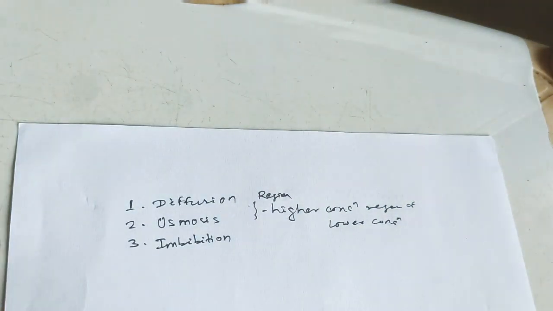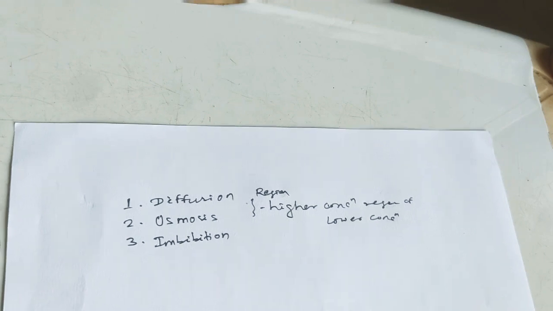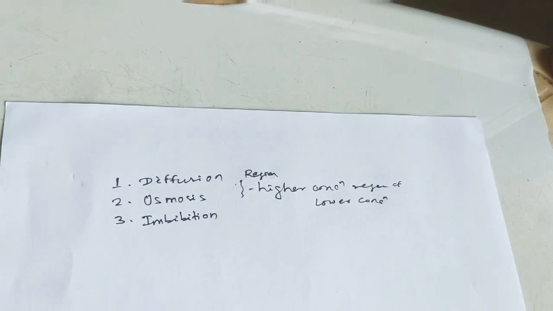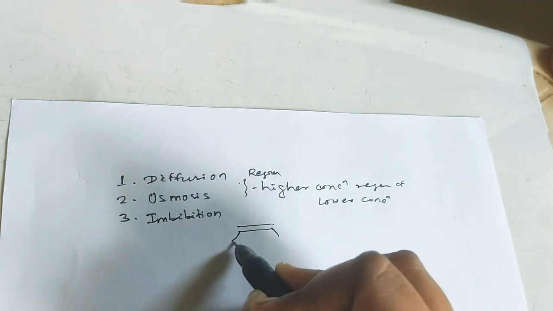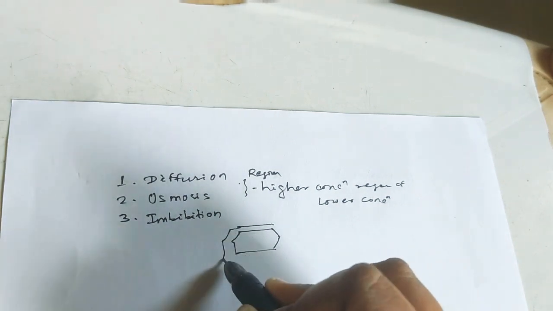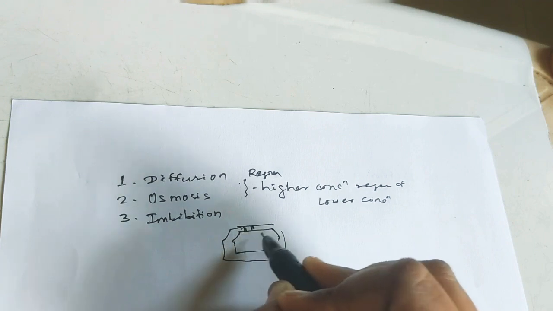But imbibition is quite different. Here absorption occurs; imbibition is a surface phenomenon, occurring in the form of adsorption, which I already told you about. Adsorption is a surface phenomenon. Suppose the cell is here, so the adsorption occurs up to the cell wall level.